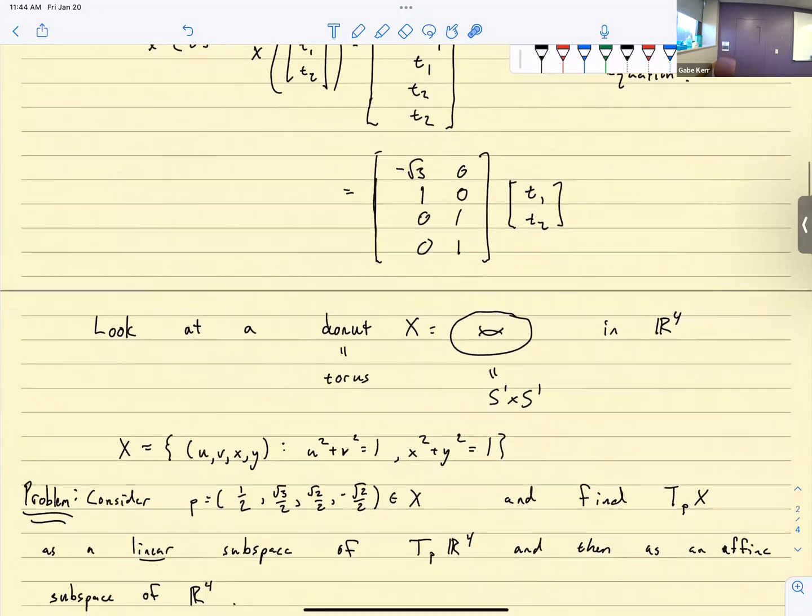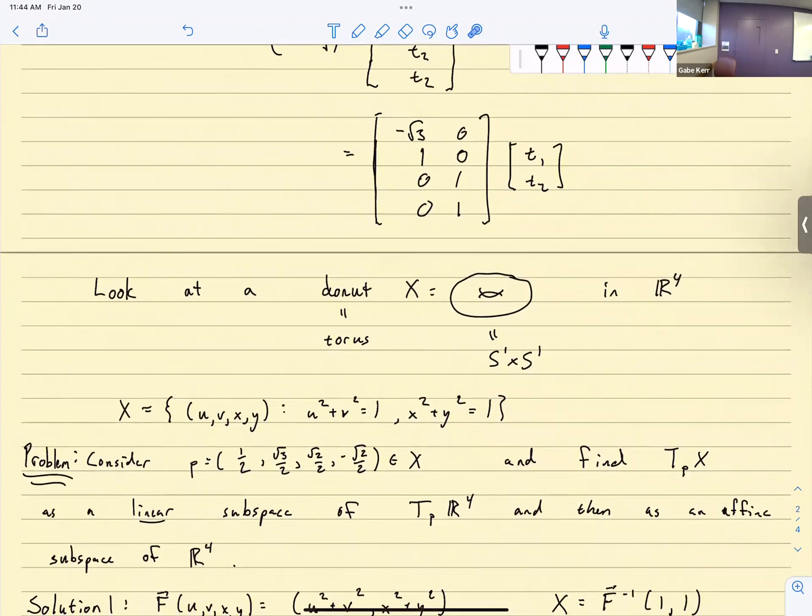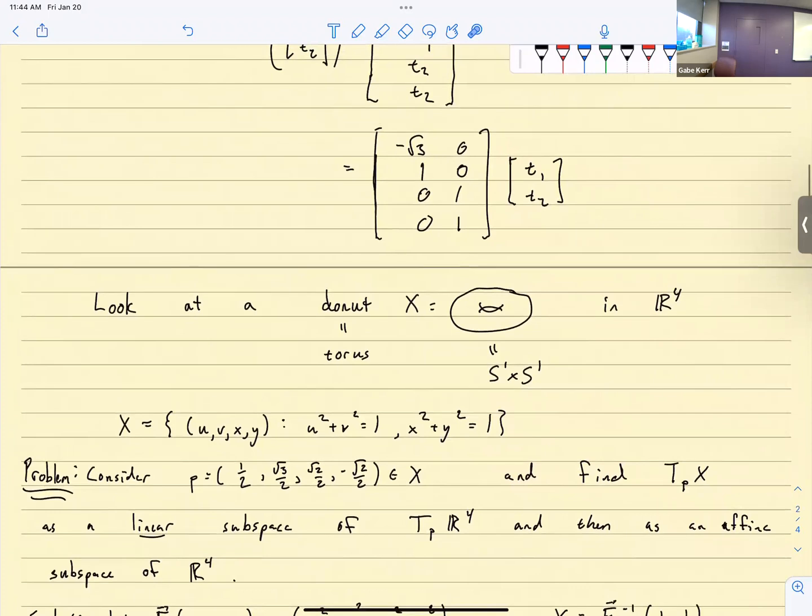Well, let's take a look. We want to find this. There are 2 kinds of tangent spaces. One is really kind of a legitimate one, and the other one is sort of something you teach. There's the tangent space, which we think of as a linear subspace of the tangent space of the point. And then there's the affine tangent space inside of R4 itself.